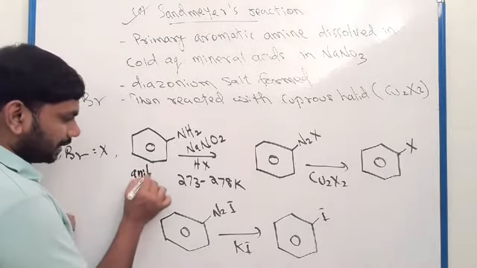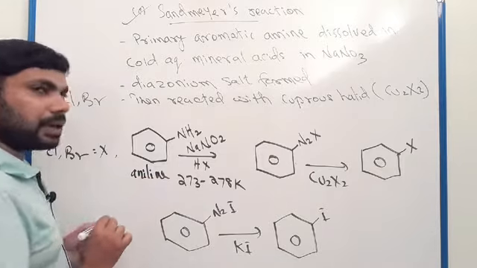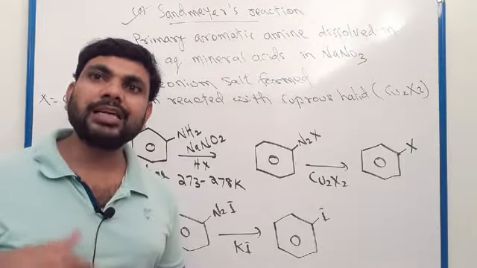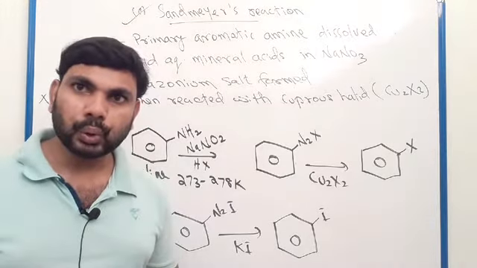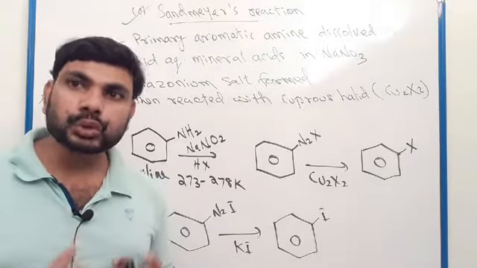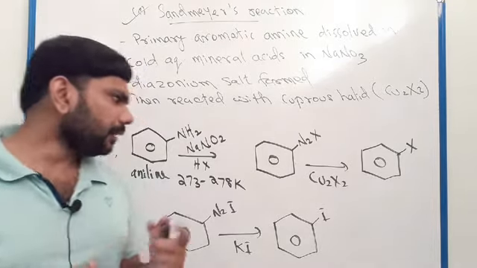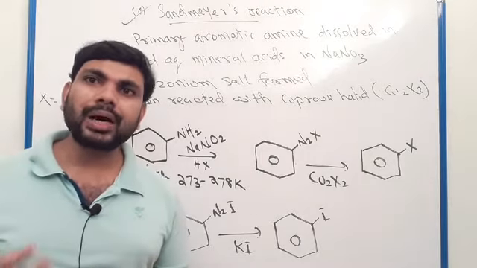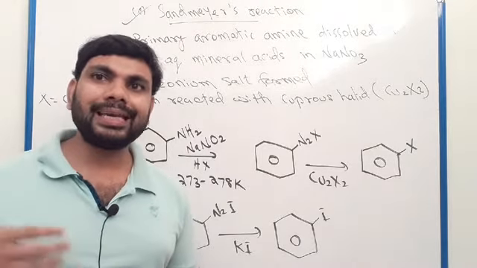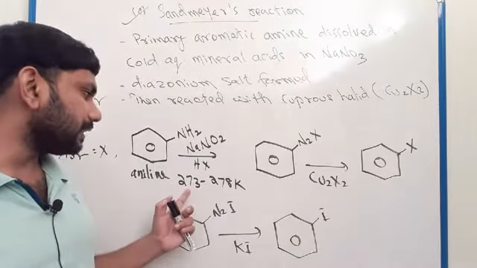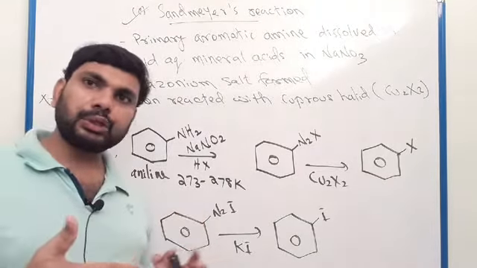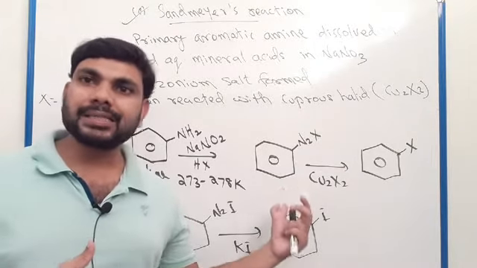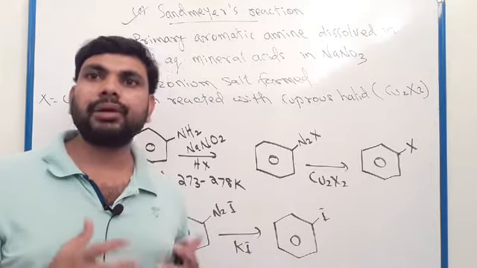This aromatic primary amine reacts with sodium nitrite NaNO2, in presence of a suitable mineral acid, and this chemical reaction takes place at a temperature of 273 to 283 Kelvin. After this chemical reaction, benzene diazonium chloride will be formed.